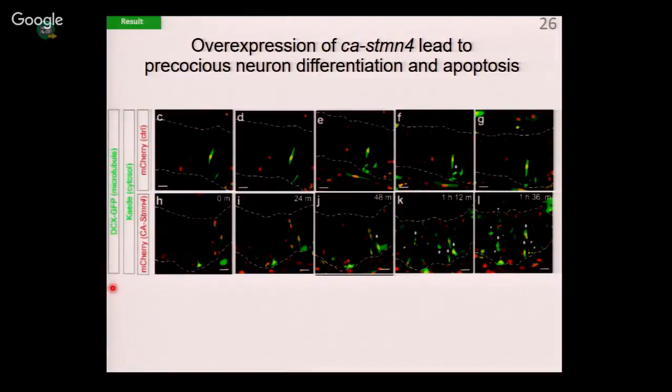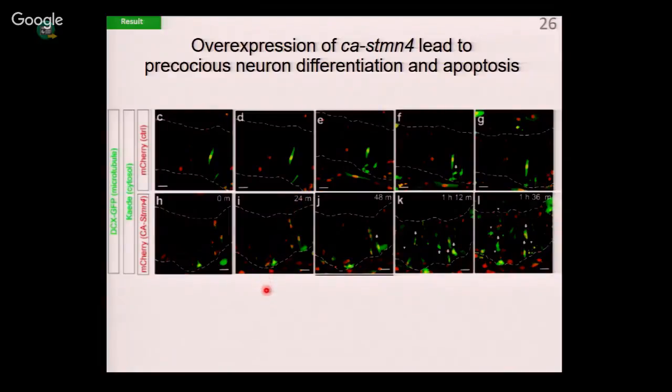GFP still represents cytosol, and mCherry represents the expression of STEM4. The arrow represents the formation of neural progenitor cells. Otherwise, the arrowhead represents apoptotic cells. The upper row is control, and the bottom row is the treatment which overexpresses CA-STEM4.